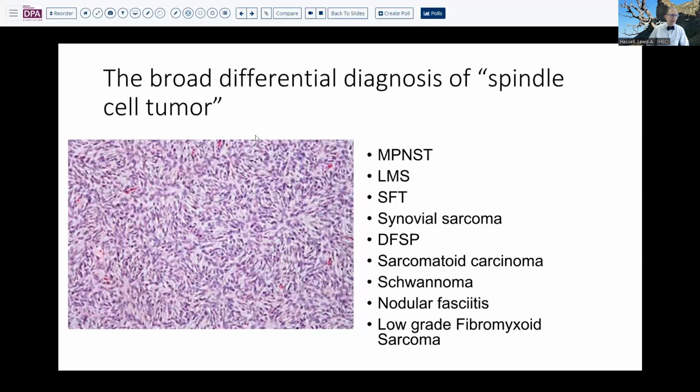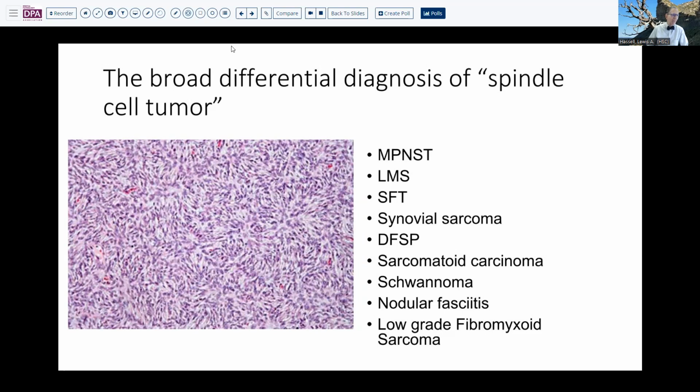In the very broadest array of spindle cell lesions, there are benign entities like nodular fasciitis or schwannoma, but there are also more aggressive, intermediate stage things like solitary fibrous tumor, low-grade fibromyxoid sarcoma, DFSP, and so forth, and then a few more aggressive malignancies like synovial sarcoma, malignant peripheral nerve sheath tumor, or leiomyosarcomas. So that's a very broad differential to be considered in this setting.